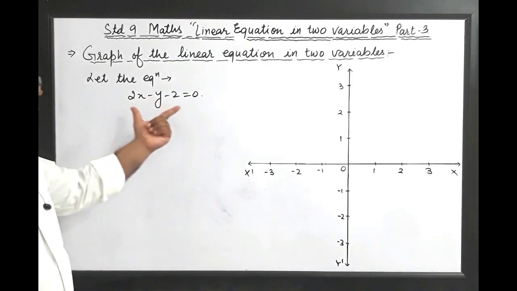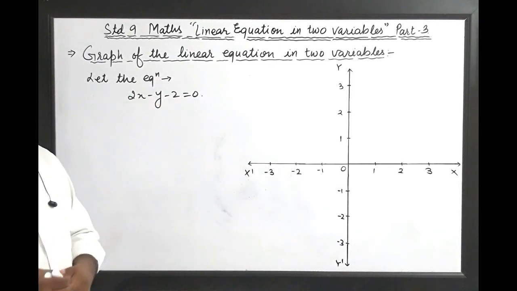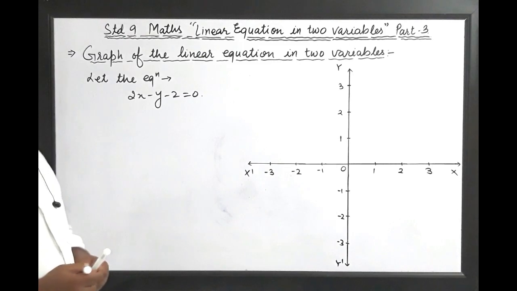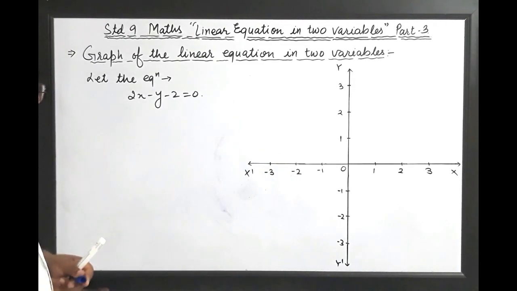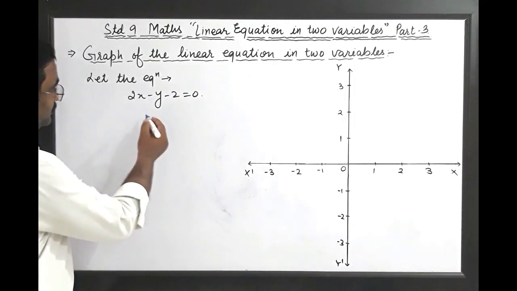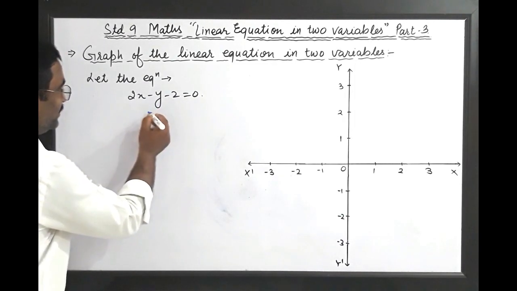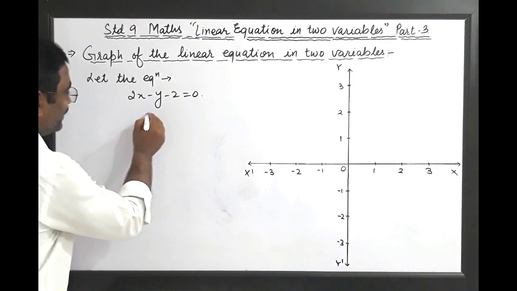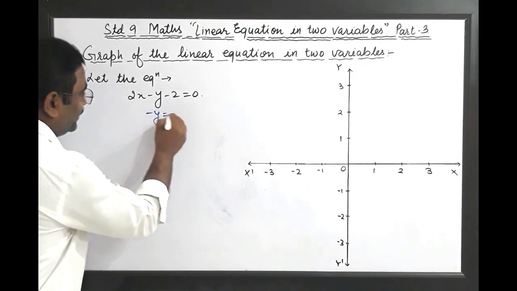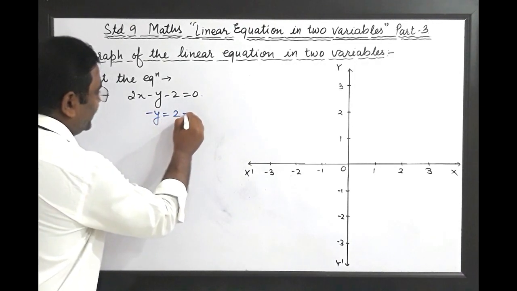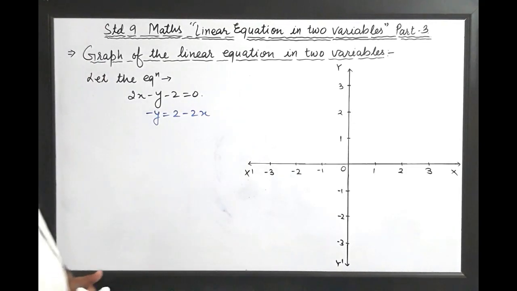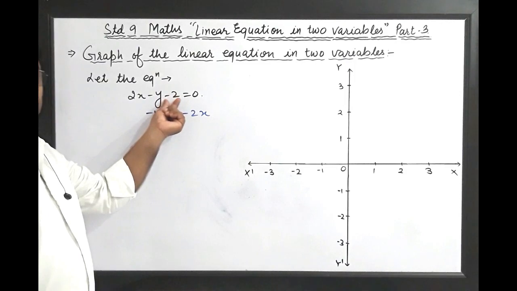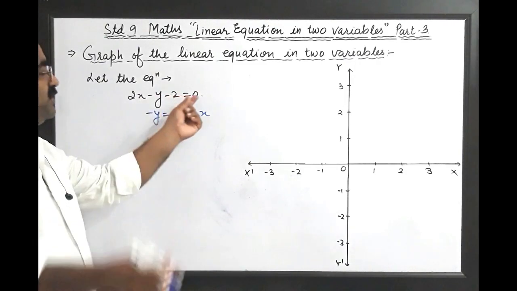So to find the solutions of this equation, we have to solve this first of all. So solving this equation, you will get minus y equals to 2 minus 2x. Is it right? हमने क्या किया बेटा? This minus 2, transpose it to the right side.